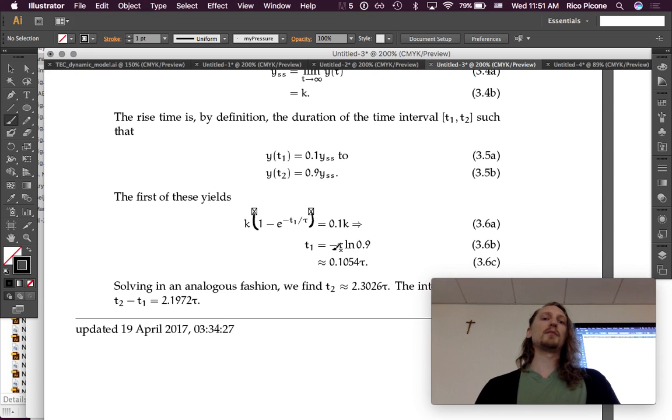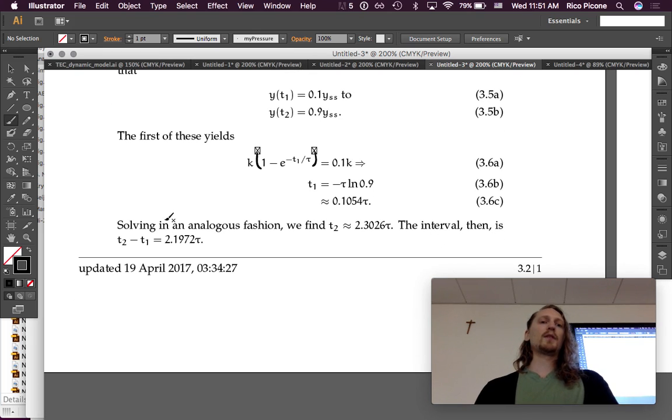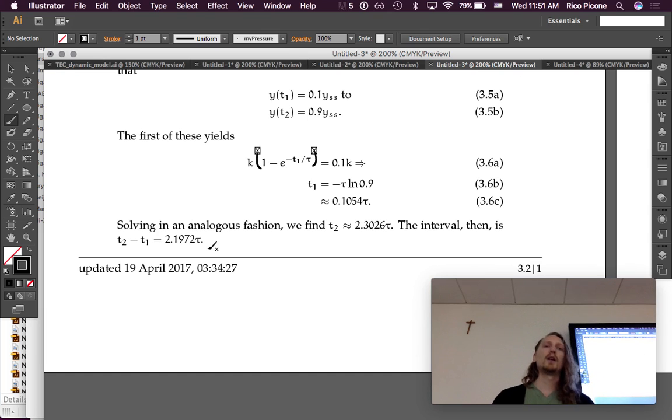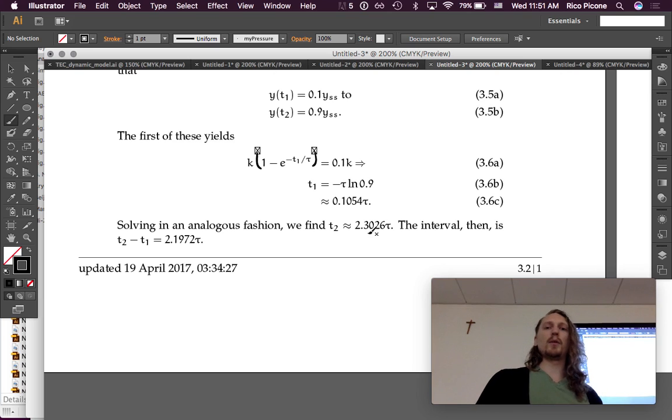That gives us t1 is negative tau log of 0.9, which is approximately 0.1 time constants. Solving in an analogous fashion for t2, we get that t2 is approximately 2.3026 tau. The interval then is t2 minus t1, which is approximately 2.2 tau.